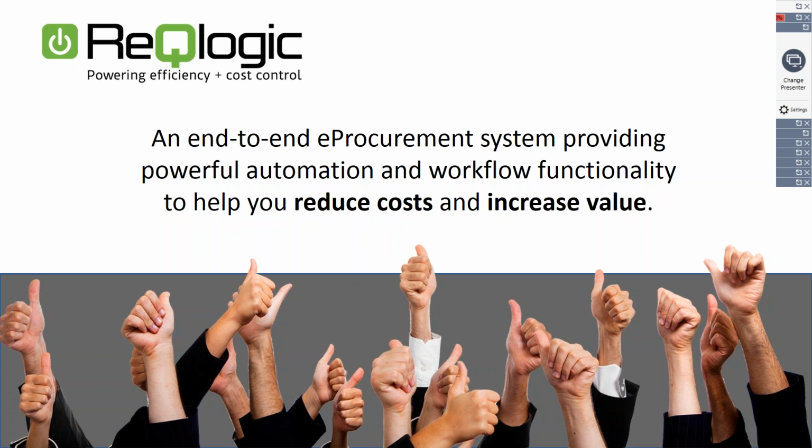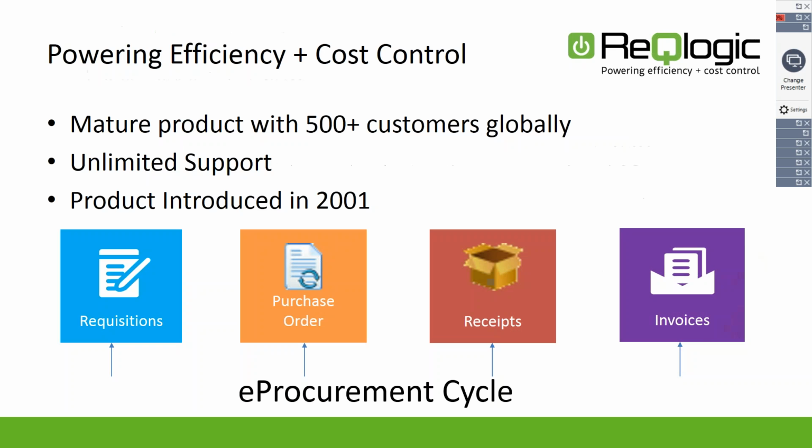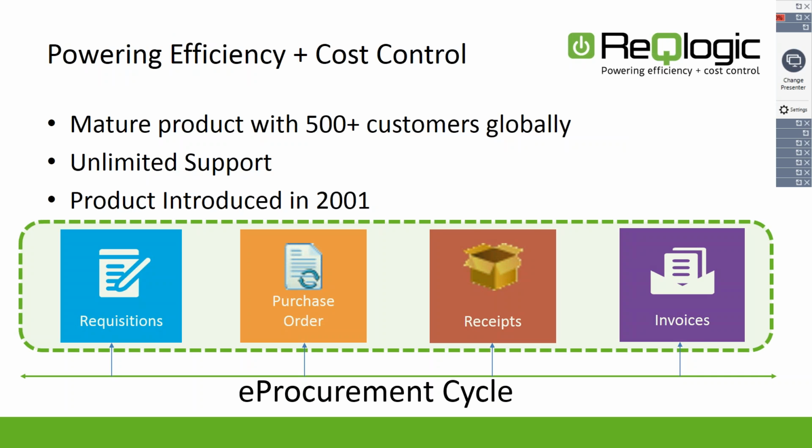So we automate that system and streamline it with workflow functionality, and of course your ultimate goal here is to reduce costs and increase the value of the software. We're a mature product. We have over 500 active customers globally, and we were first introduced into the market in 2001. We were actually written by a former Solomon, predecessor to SL, developer.